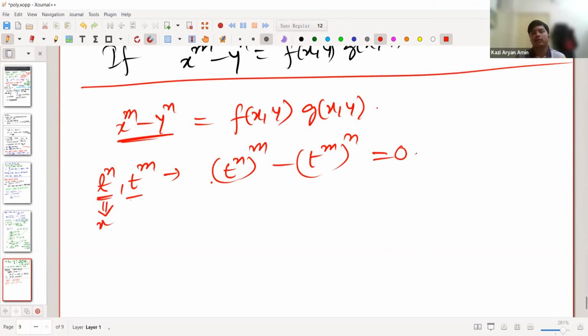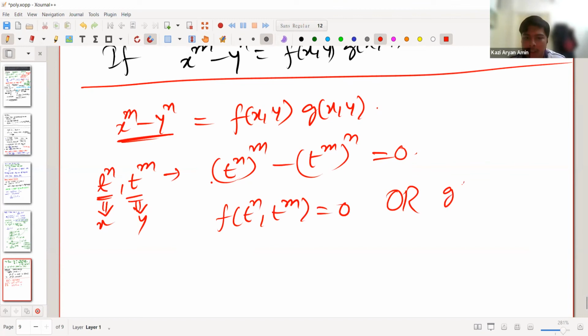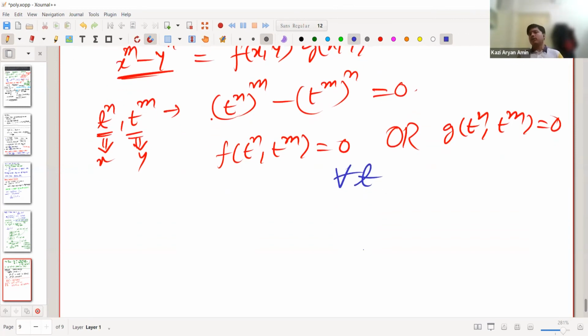When you plug x equals t to the power n and y equals t to the power m, you get f of t to the power n comma t to the power m equals 0, or g of t to the power n comma t to the power m equals 0, right? And this happens for all t. So this thing holds for infinitely many t. So one of these relations holds for infinitely many t.